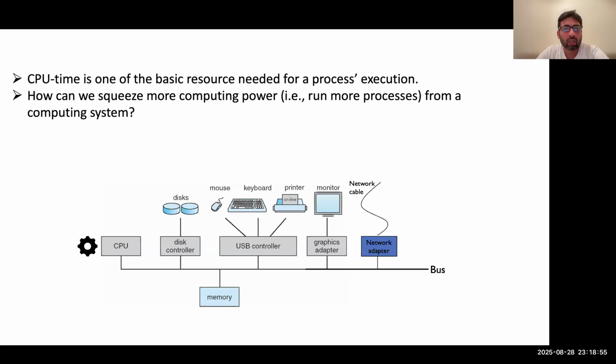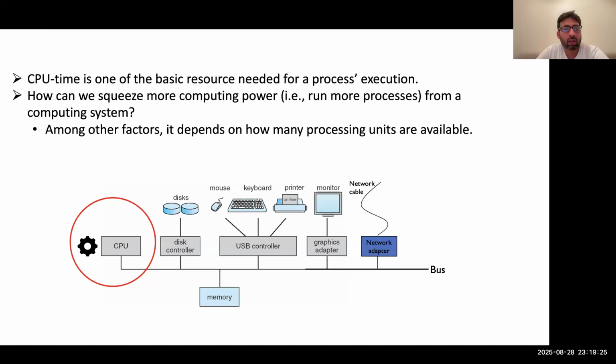But if I want to squeeze more computing power from my machine, how can I run more than one process at a time? Among other factors, it depends on how many processing units are available.